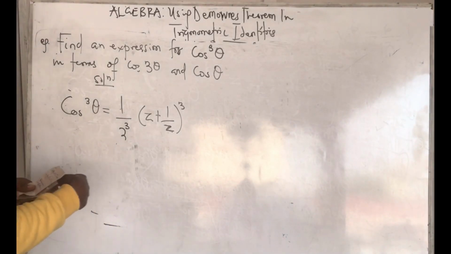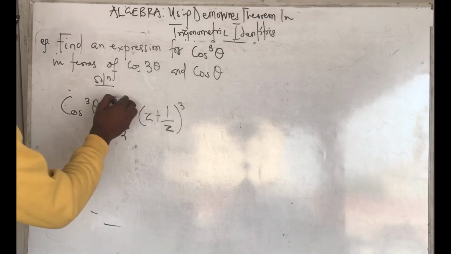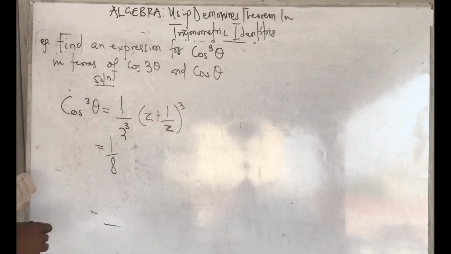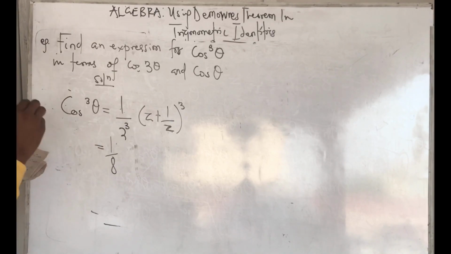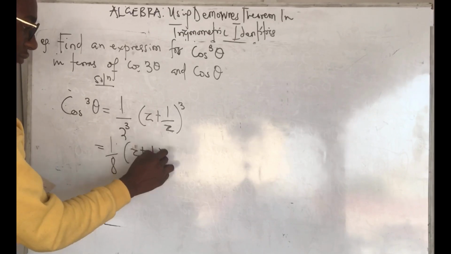Are you getting it? So now after you are done expressing it, what do we do? We can now expand this. So we have 1 over 8, this is 2 cube, times z plus 1 over z cube.